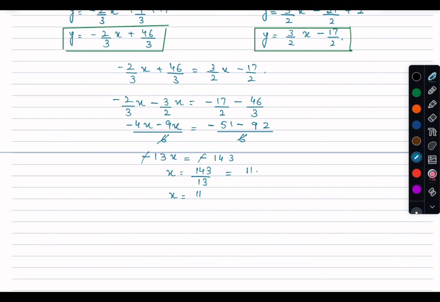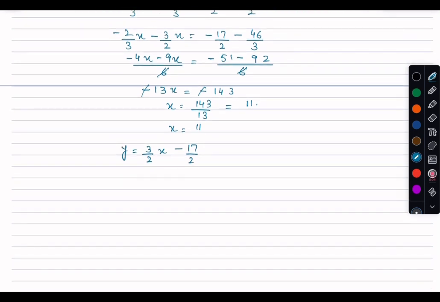To find the y coordinate, just substitute this in either of the two equations of AB or CX. If I substitute this x in the equation of CX, which was 3 by 2 x minus 17 by 2, this is 3 by 2 times 11 minus 17 by 2, and that is going to give me 33 minus 17 divided by 2.